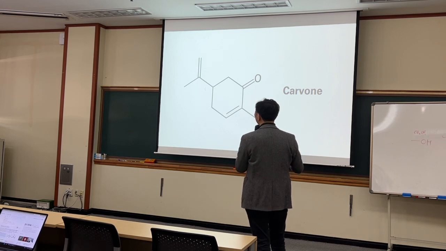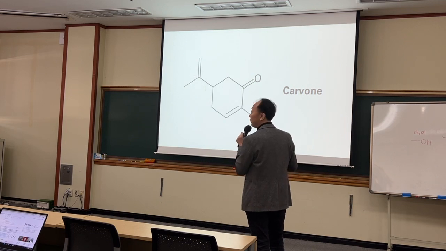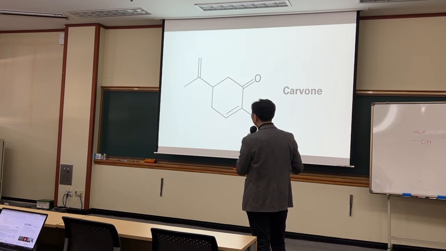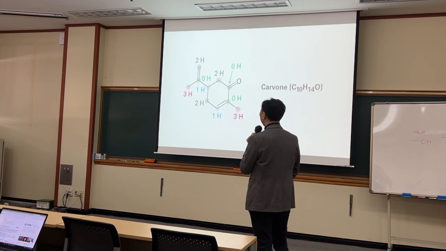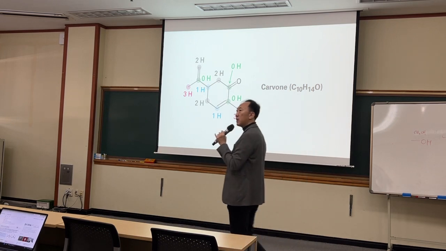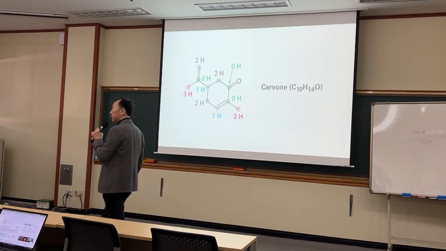This one, 2. Are you sure? Yeah, 2 hydrogens. This one, no hydrogen. This one, 3 hydrogens. This one, 2 hydrogens. This one, 1. This, 0. Okay. So simple, but you need a little practice until you get used to it.